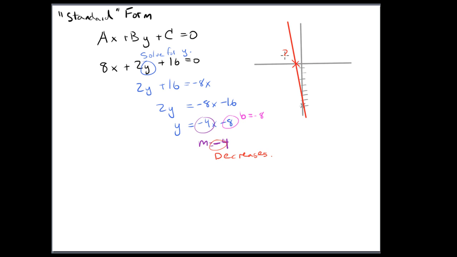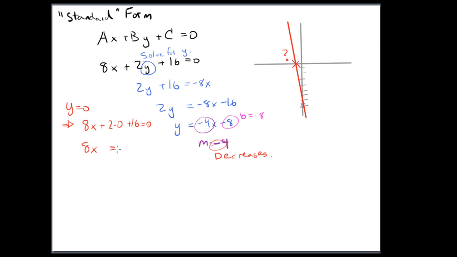And then what's this point right here? Well, I put 0 in for y. I could put it into here, or I think I'm going to put it in right here. 8x plus 2 times 0 plus 16 equals 0, just in case I made a mistake.